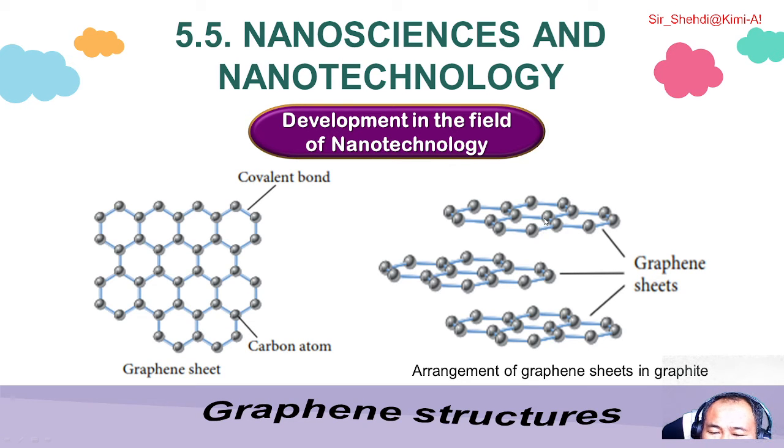So in this case, from the diagram, there are 3 groups of graphene sheet. Each group consists of what we call 4 hexagons, 1, 2, 3, 4.